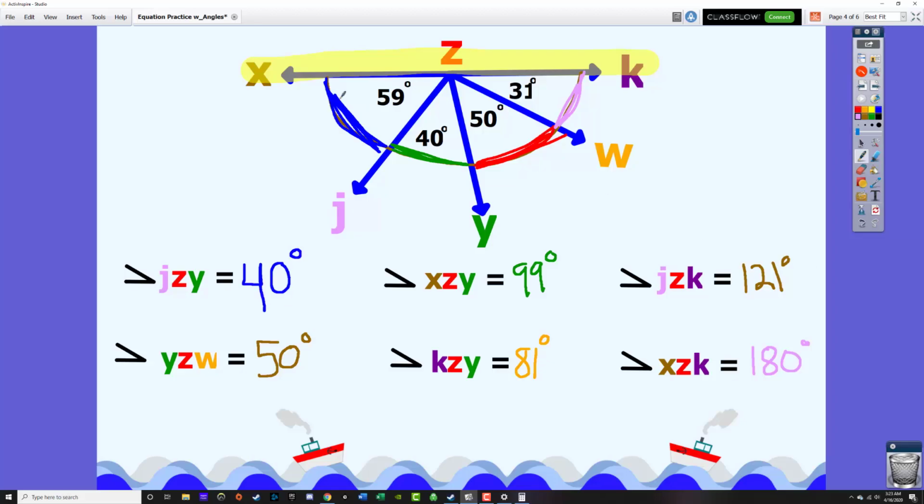And if all of these angles add up to exactly 180 degrees, that means that these angles are supplementary angles, because they add up to exactly 180 degrees. If they added up to 90, they would be complementary. But because they equal 180, that means they are supplementary.